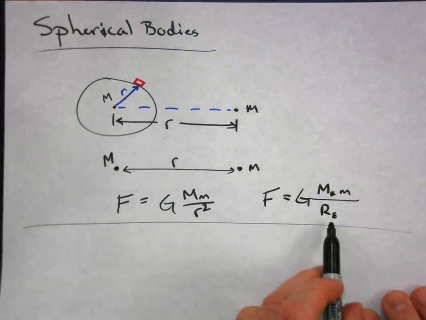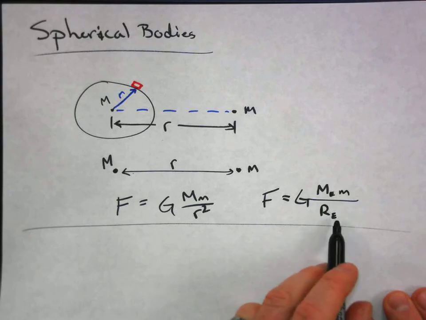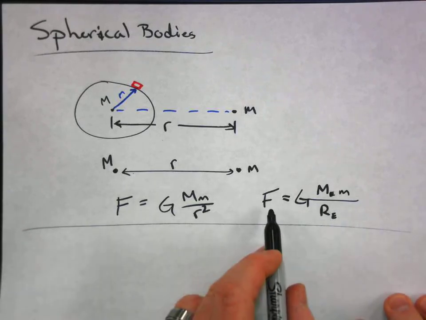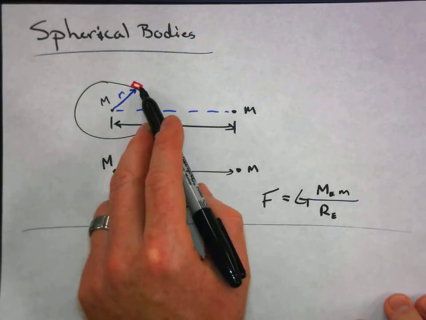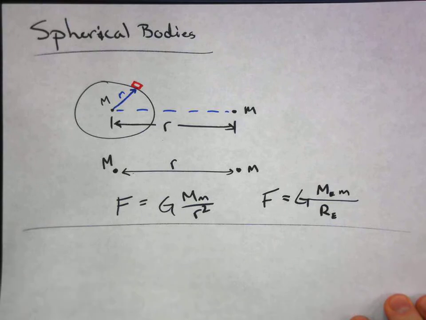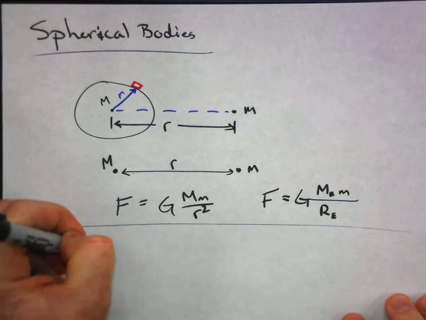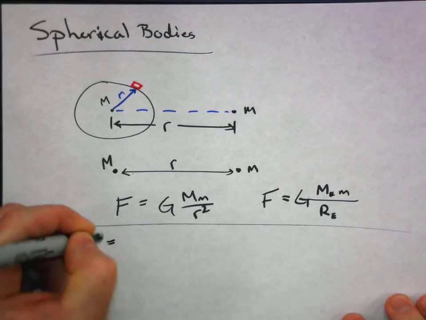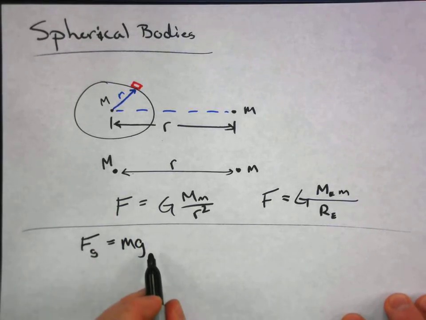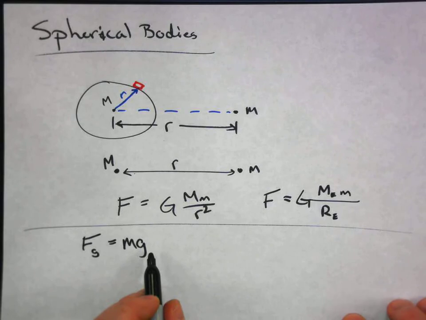This is generally how you'll see it written, just capital R with a subscript E. And so we could find how strongly Earth is pulling on this object at our surface if we knew some of these values, right? But we also know that the force of gravity affecting an object is equal to mg, the mass of that object times gravitational acceleration due to Earth's gravity.